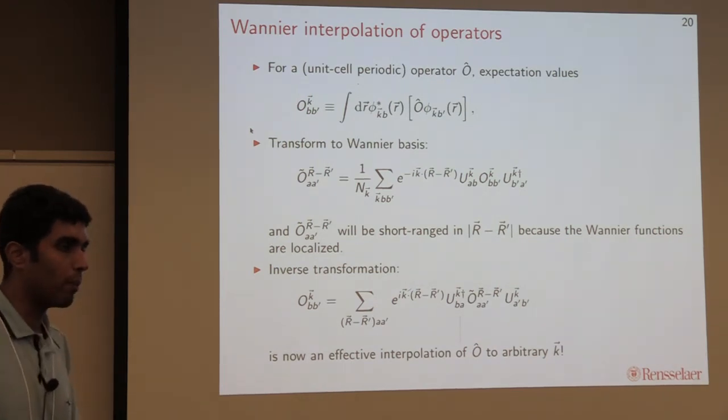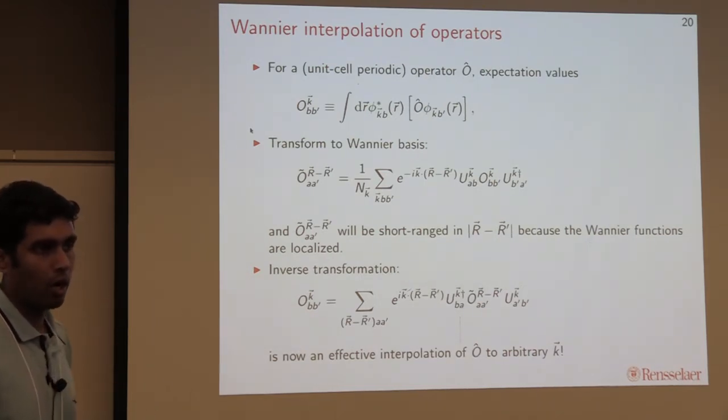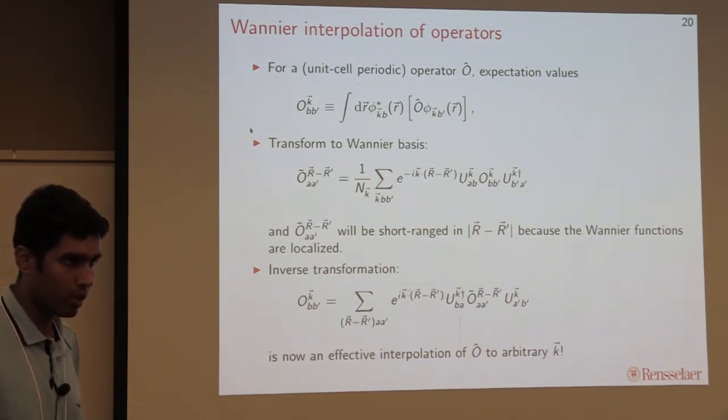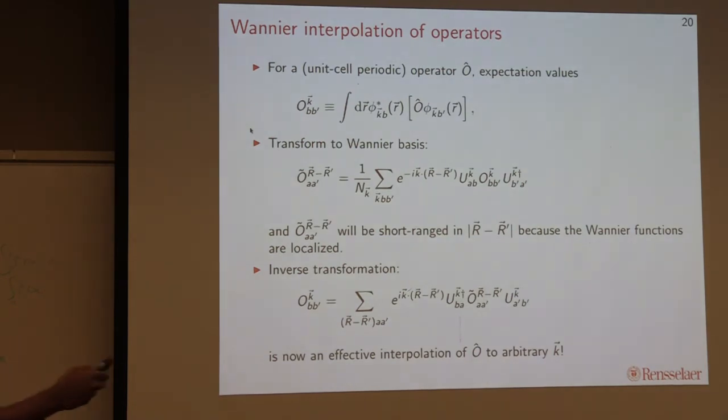But that is usually a much fewer number of k points than what is necessary for calculating properties like optical excitations that we're going to consider. So the point is we will do the DFT calculations with very few k points, meaning still on the order of 1000 to a few thousand. But then we will be able to compute these expectation values on millions to billions of k points in about the same time.